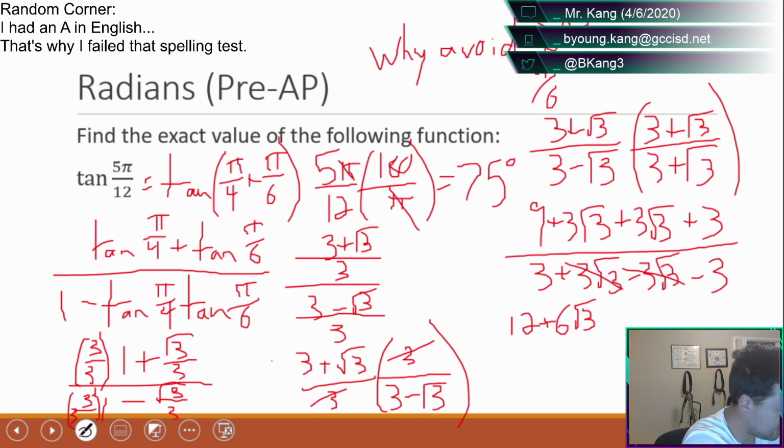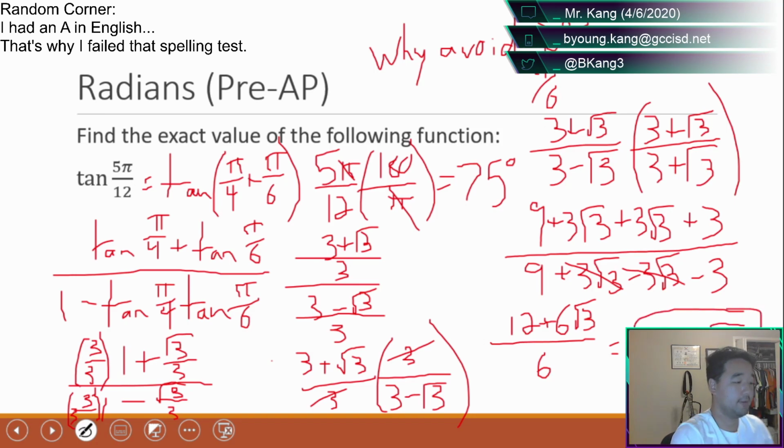Oh, this should be a 9 in the front. The denominator shouldn't be 0, right? So the numerator is 12 plus 6 square root of 3. The denominator is just 6, and then that 6 distributes to both, giving 2 plus square root of 3. So all of that work just to get 2 plus square root of 3.